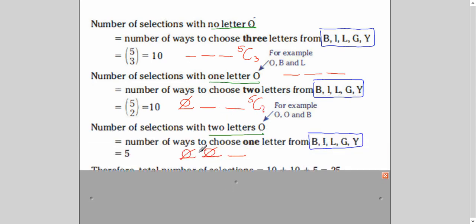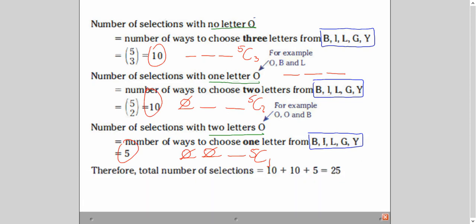Now out of 3 letters, you are selecting 2 are O. So remaining only 1 letter will be selected from here. So it is 5C1. So you have to add up these results. So you will know in how many ways you can select a 3-letter word from the word biology, right?